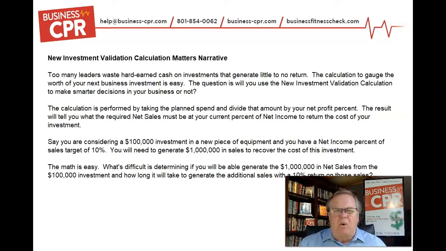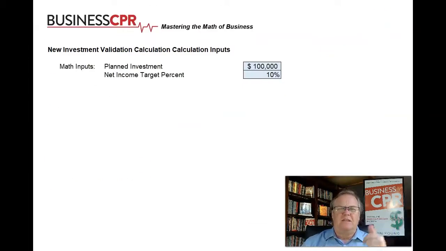The point is, if you're wrestling with the decision, like in this case, should I spend $100,000, yes or no? And this should be a really difficult wrestle if you're going to finance that $100,000.